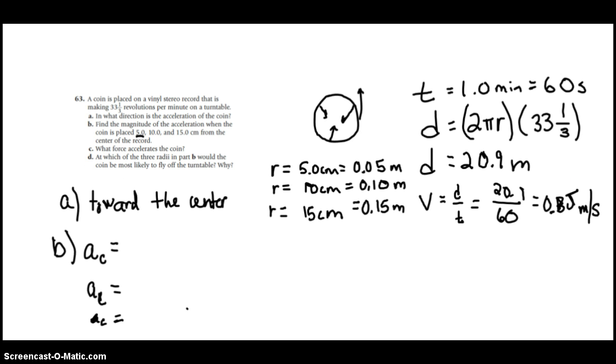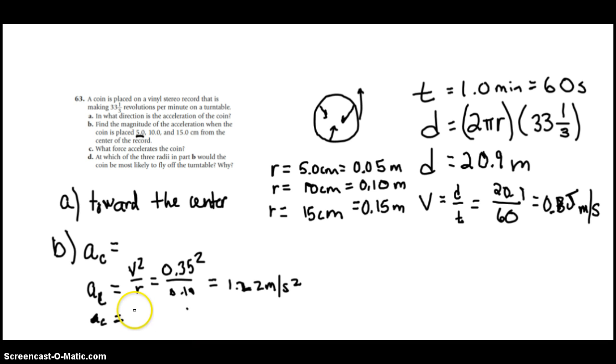And we're just going to go ahead and put that back into our centripetal acceleration equation over here, v squared over r, which is going to be 0.35 squared over 0.10, and that's going to give us 1.22 meters per second squared.